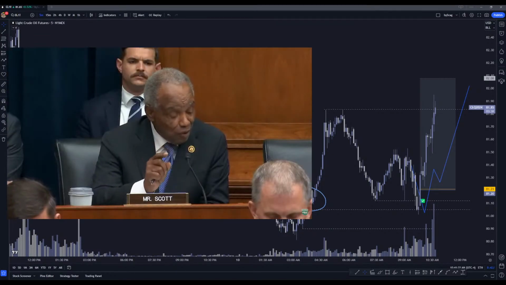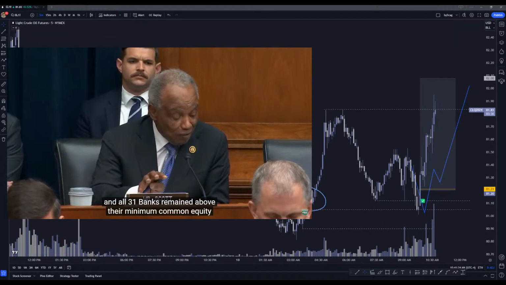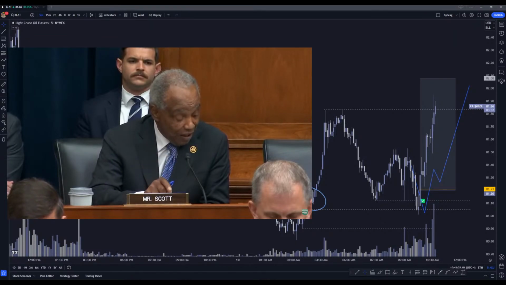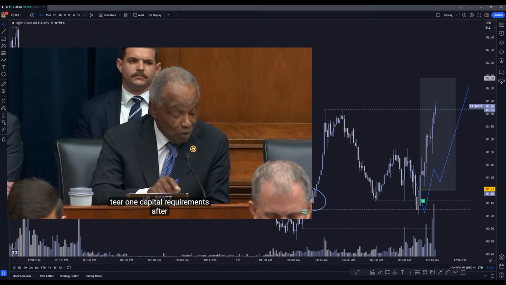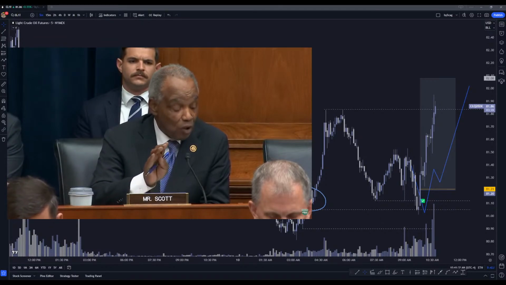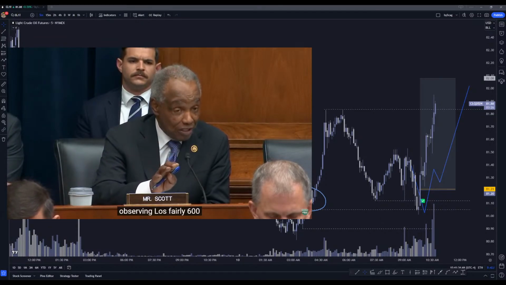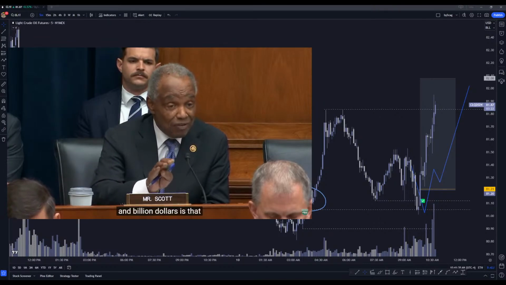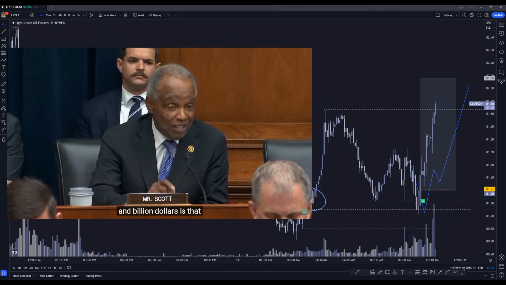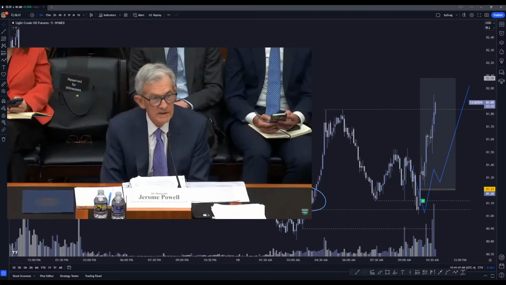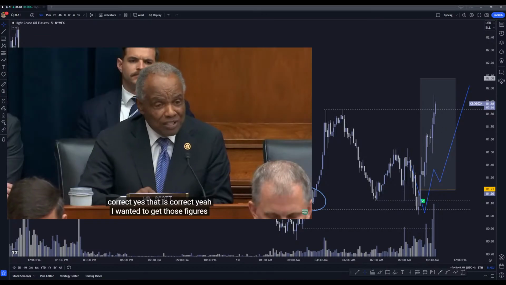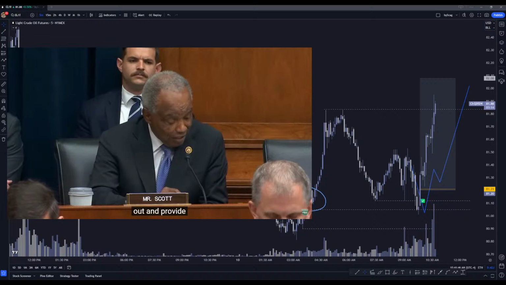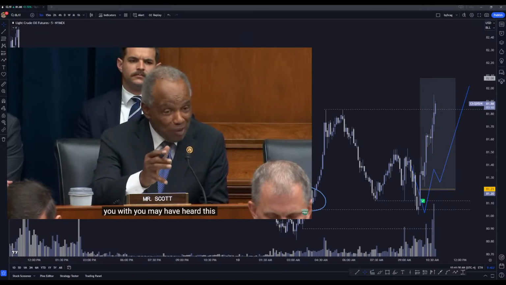And all 31 banks remained above their minimum common equity tier 1 capital requirements after observing losses of nearly $685 billion. Is that correct? Yes, that is correct.